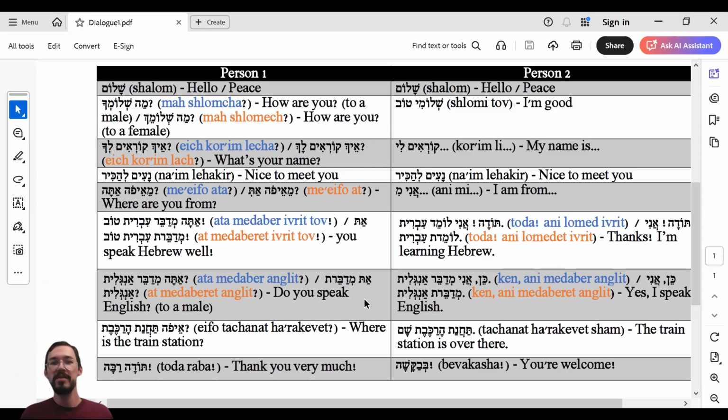But at this point, you had on the screen a version to use the feminine and you didn't. But next time, when you refer to a woman, את מדברת עברית טוב. And so on. Right? Okay. What else did I have? And you kind of skipped this line here, which was Naim Hakir. Naim Hakir. Good.